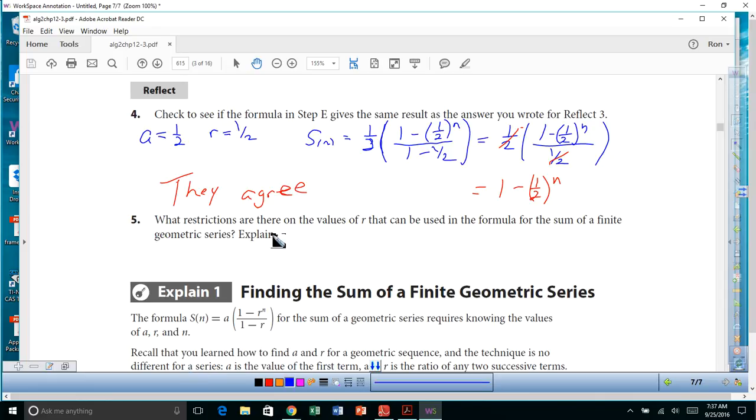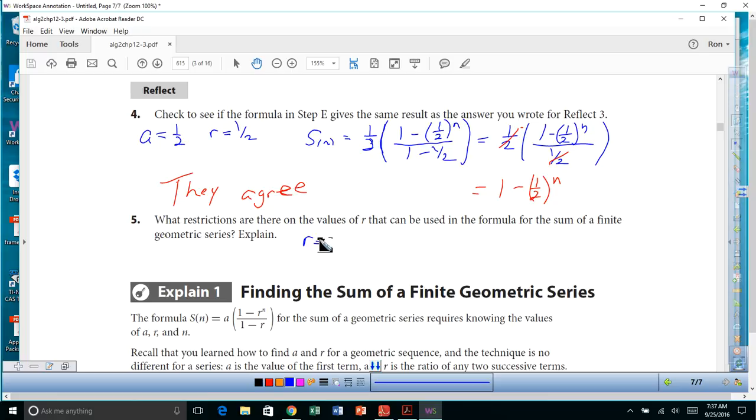What restrictions are there on the values of r that can be used in the formula for the sum of a finite geometric series? Explain. Well, look, you've got 1 minus r in the denominator.